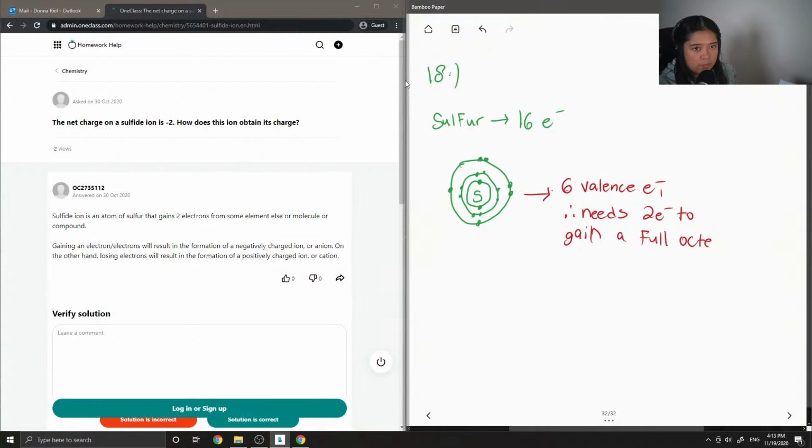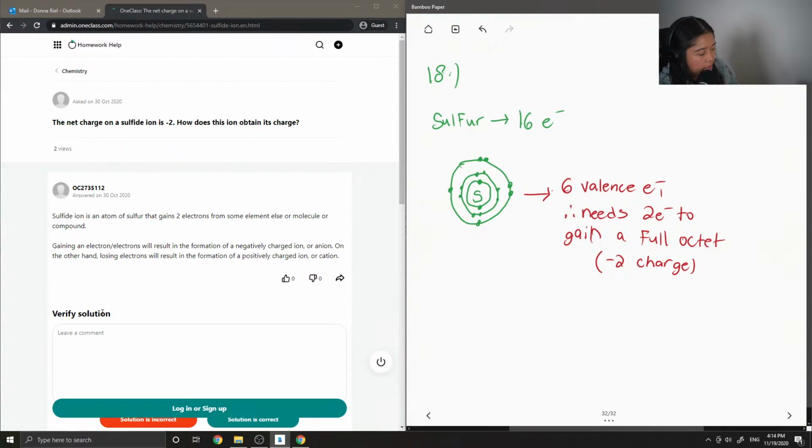So this is where the -2 comes from. Since electrons are negatively charged, if you gain 2 of them, then the sulfur ion will have a -2 charge.